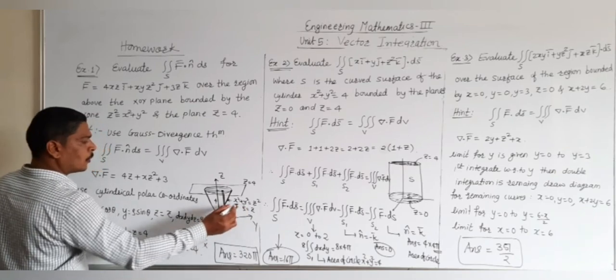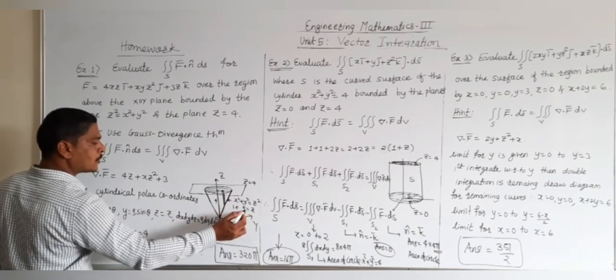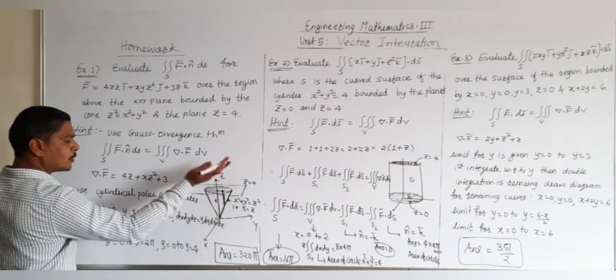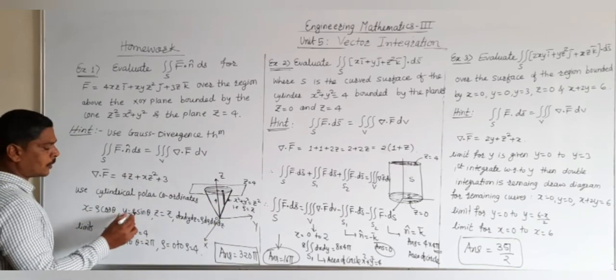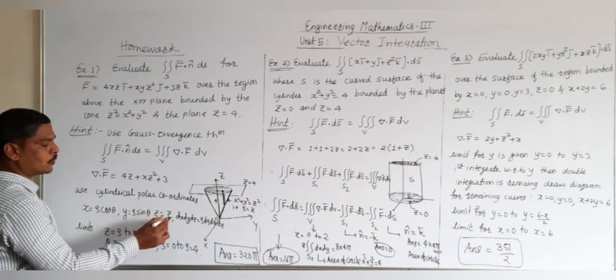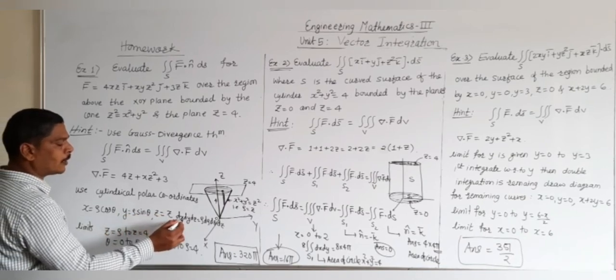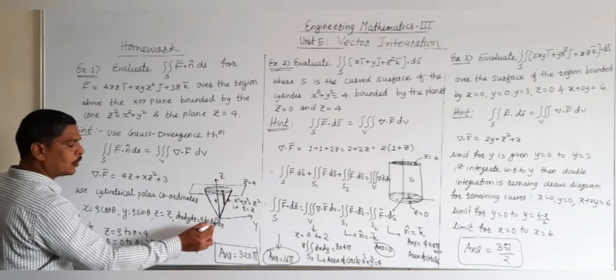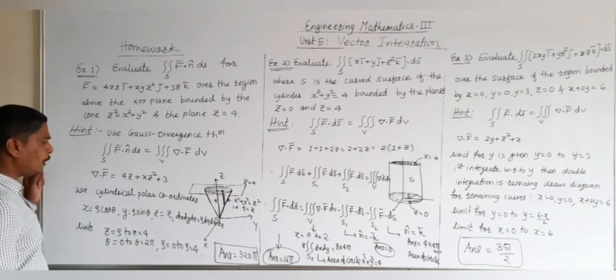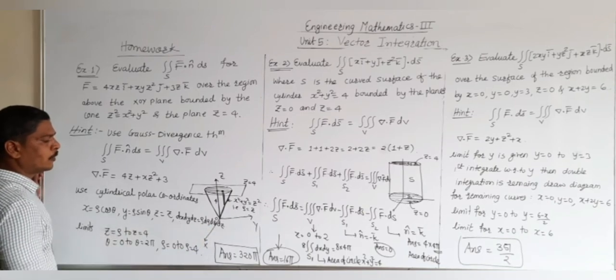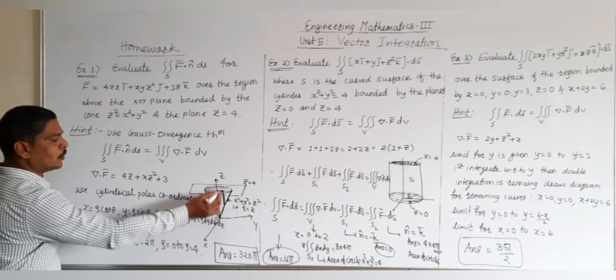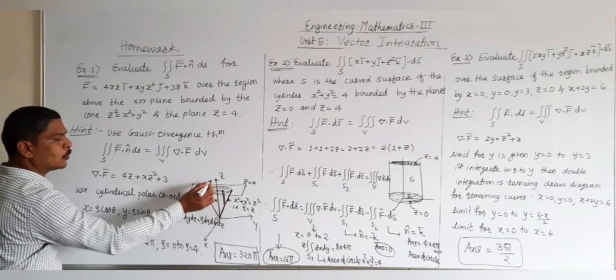We get rho square is equal to z square, that means z is equal to rho, because this is above the xy plane. So put x is equal to rho cos theta, y is equal to rho sin theta and z is equal to z. By differentiating we get dx dy dz becomes rho d rho d theta dz. Now the limits for z, theta and rho: first of all find the limit for z. So draw a rectangular strip parallel to the z axis.